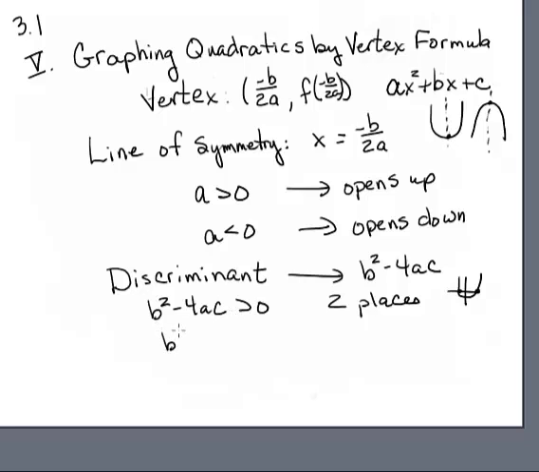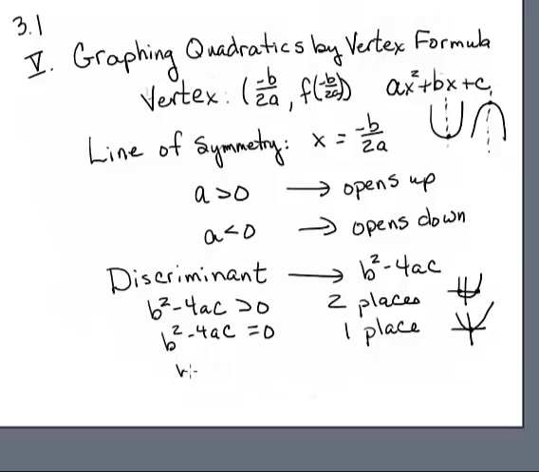If b squared minus 4ac is equal to 0, then it's just going to cross the x-axis in one place, like this, just right here.